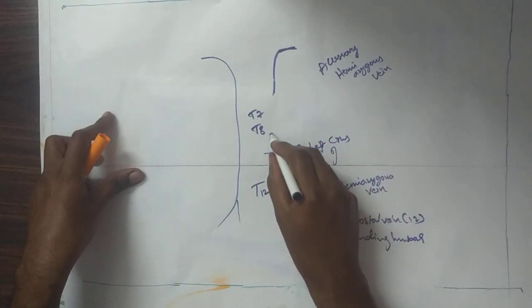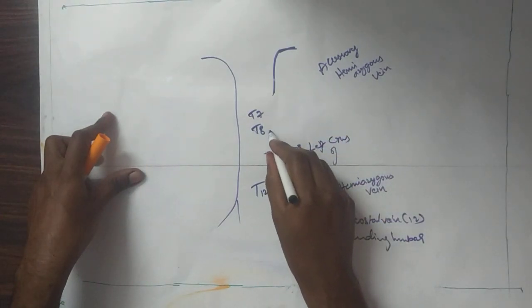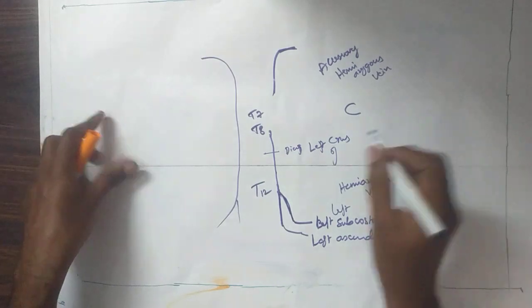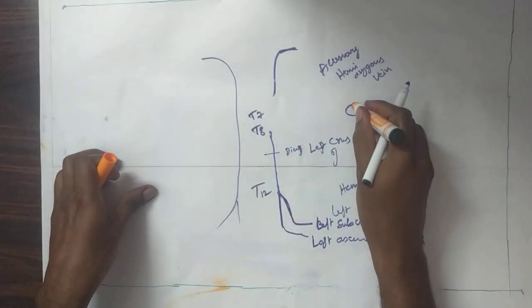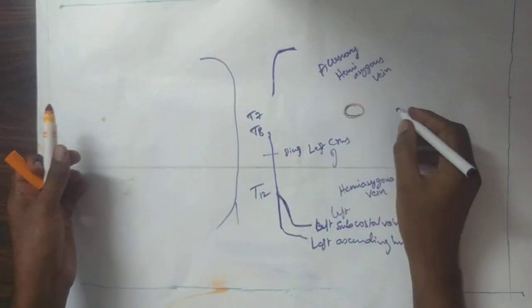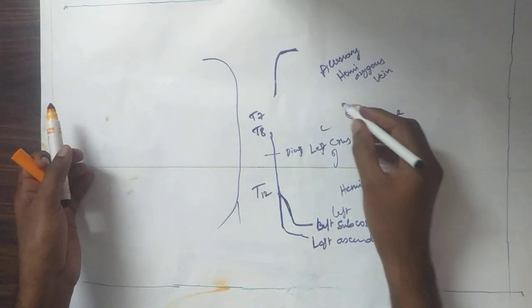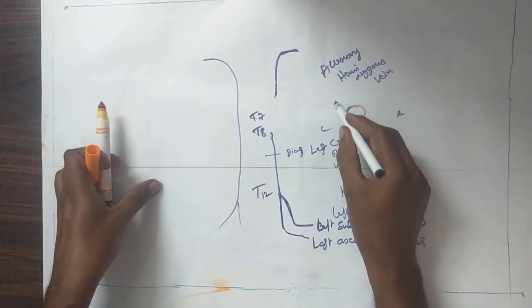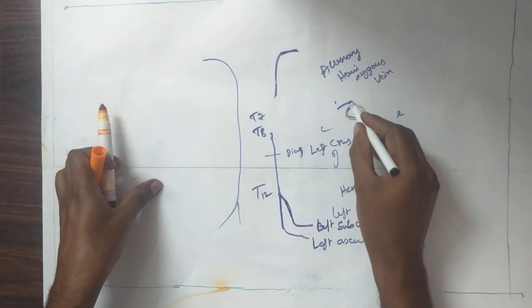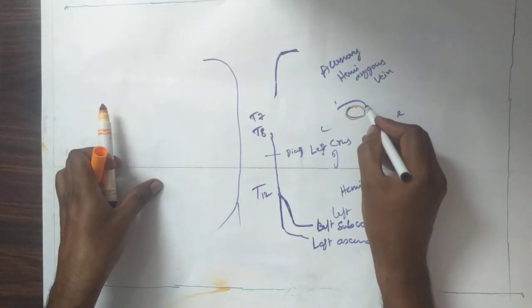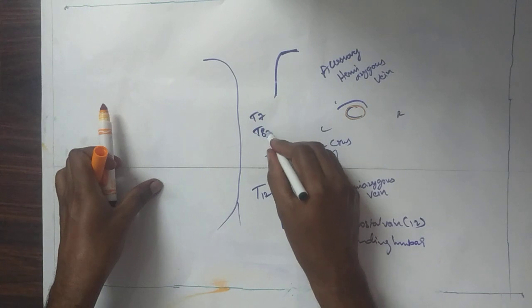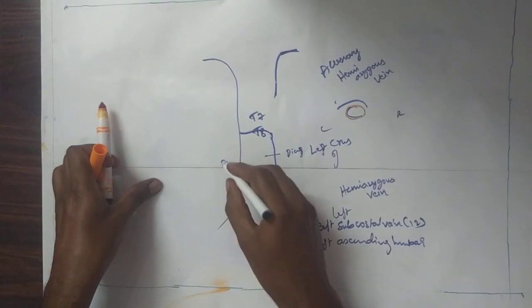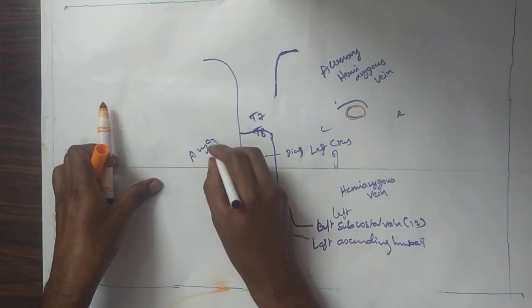Then at the level of T8, if suppose this is the vertebrae at the level of T8 and this is the right side and this is the left side. So this is your hemiazygos. So it goes anterior to this vertebrae and at last it is draining into your azygos vein.